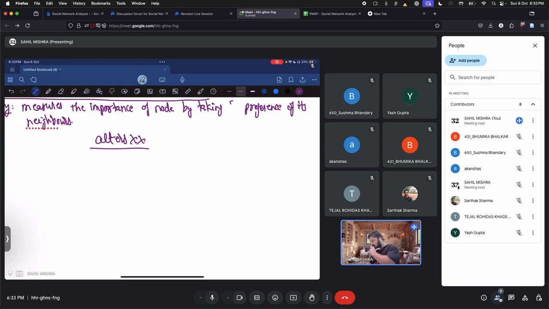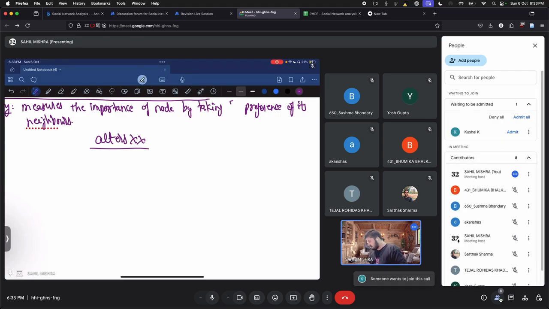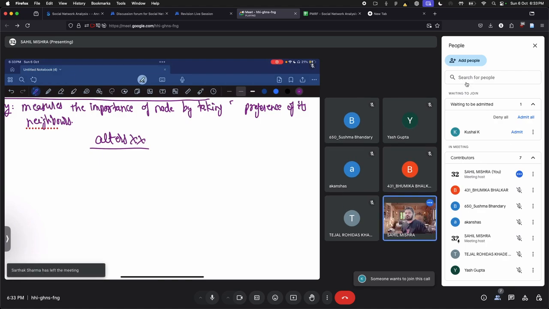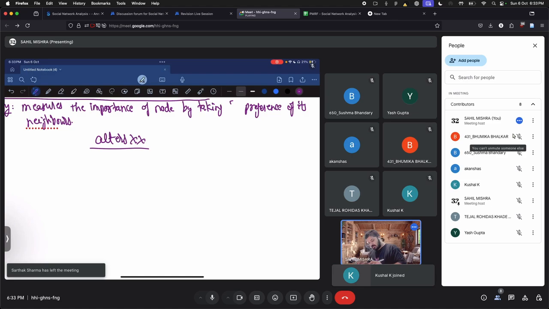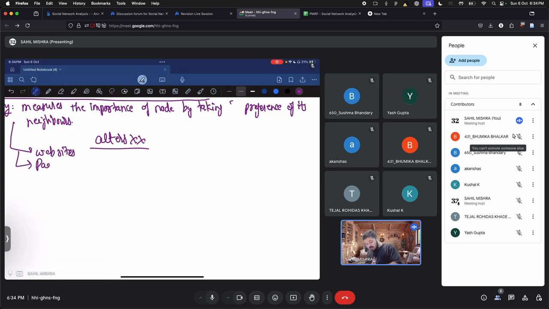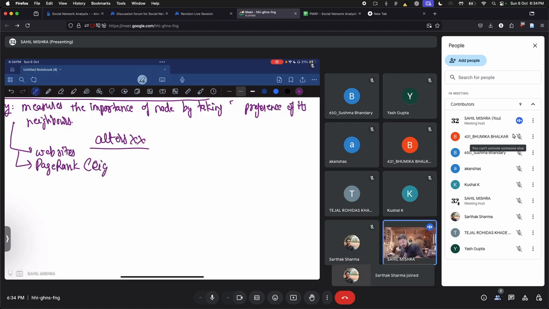Anyways, so eigenvector centrality is mostly used in websites. Google uses PageRank, which internally uses eigenvector centrality to give you top searches.